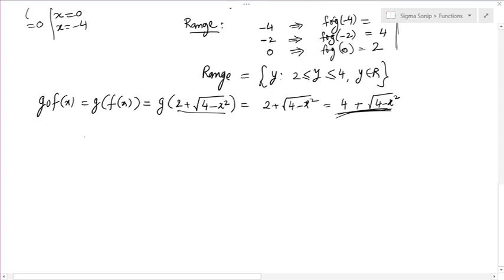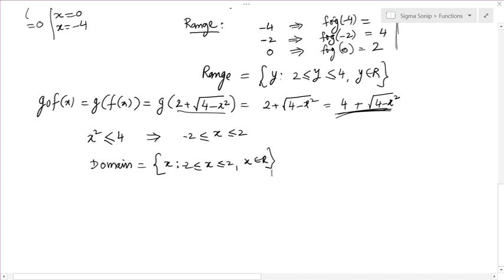So what you want is that x square should be less than or equal to 4, and that gives us that x has to be within minus 2 and plus 2, and that gives you the domain: x such that x is between minus 2 and 2, x a real number.